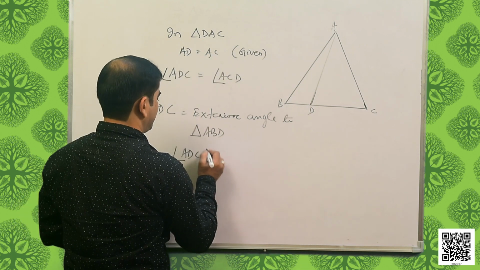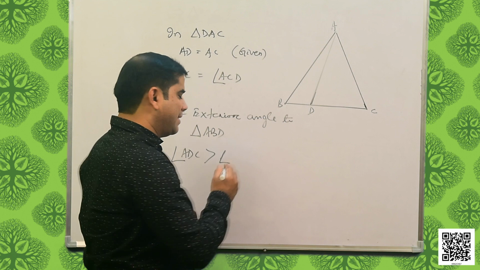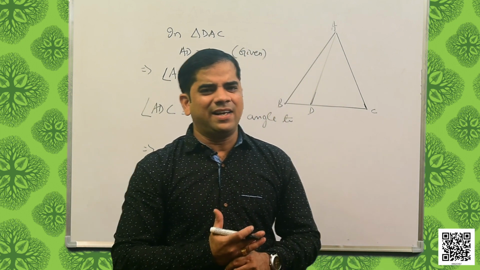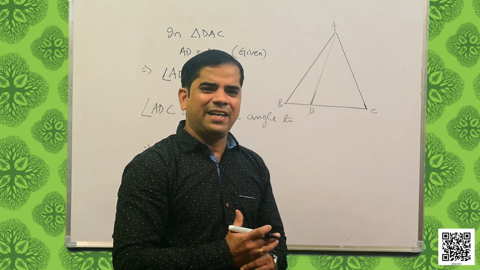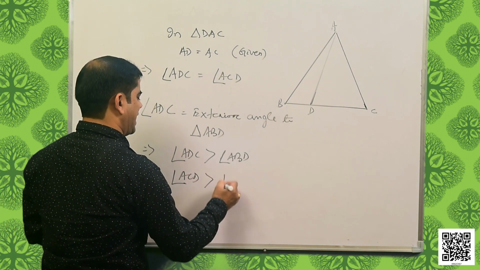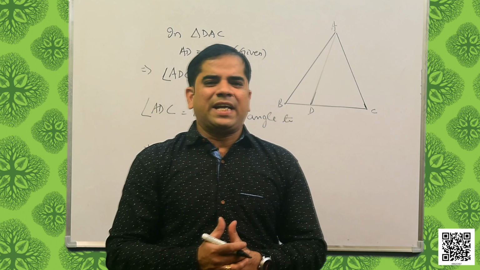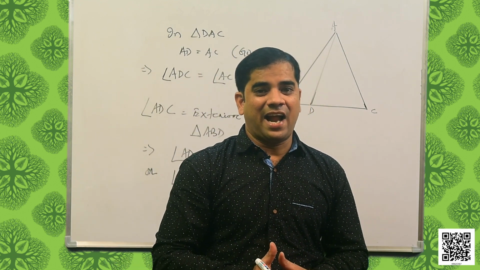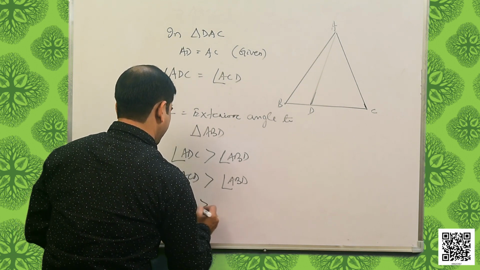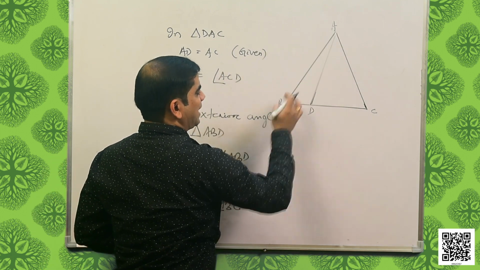That implies angle ADC is greater than angle ABD. Or we can say angle ACD is greater than angle ABD. Or also we can say angle ACD is greater than angle ABC, because ABD is nothing but ABC.